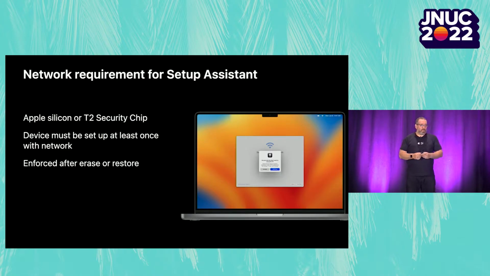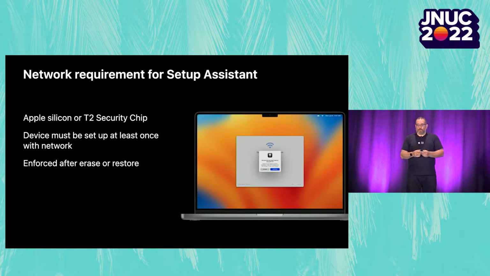Automated device enrollment requires internet access during Setup Assistant to receive the initial configuration and enrollment experience from MDM. However, internet connections can be bypassed accidentally, or as you've seen, explicitly by users.